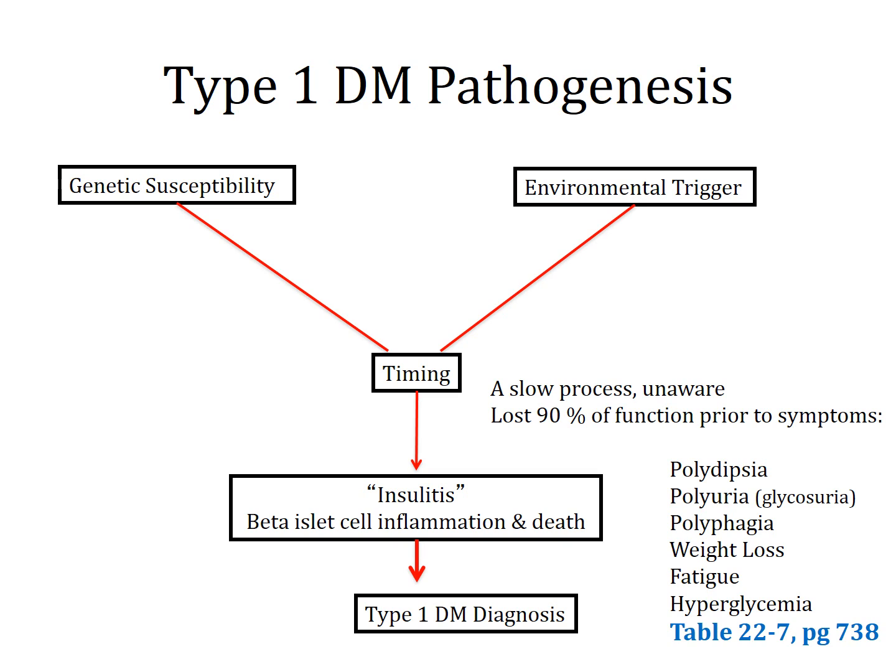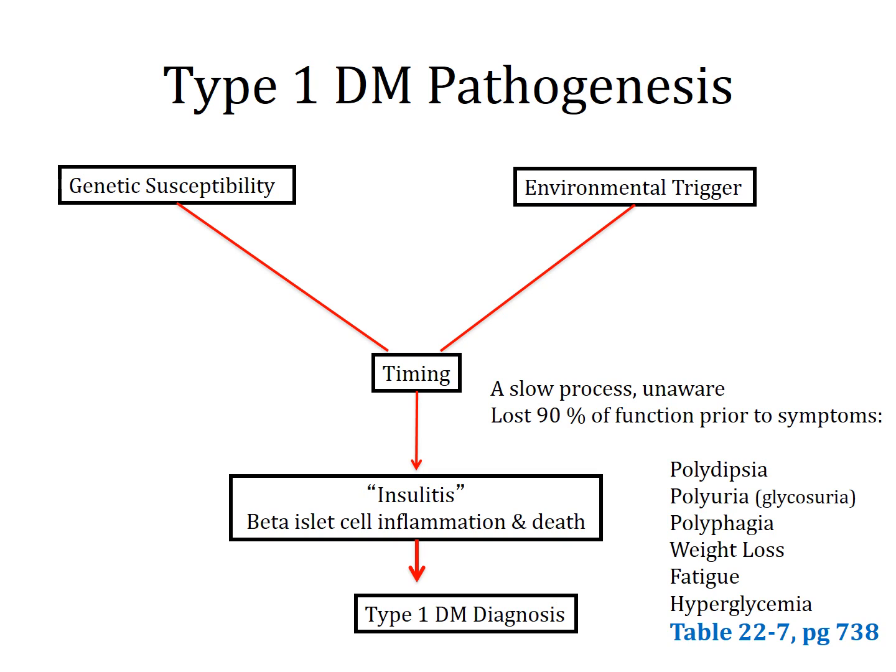Some texts refer to this as insulitis. Itis, again, being an inflammatory condition. This inflammatory condition is targeting beta islet cells, the site of insulin production, so they refer to that as insulitis.